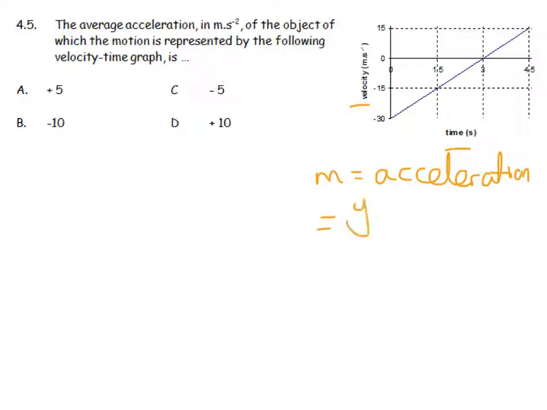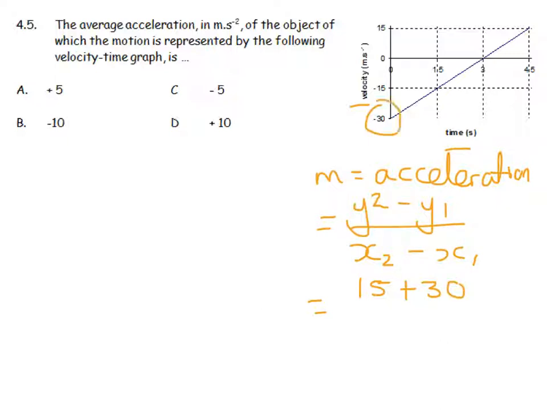So it's y2 minus y1 divided by x2 minus x1. y2 is going to be, let's say, 15 minus minus 30, so it becomes plus 30. Remember, that's negative, negative. And then the points are 4.5 minus 0.